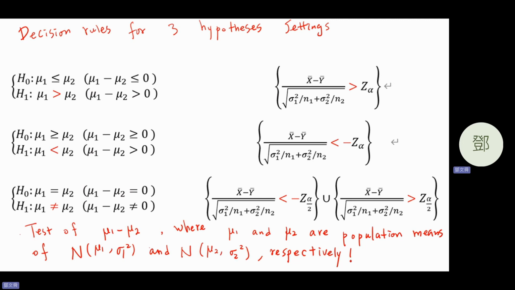Because there is a 0 value here, we just use 0 as the value of mu1 minus mu2. And so is this one, because they are all minus 0. Either you write it or you don't, it doesn't make any difference. So we just leave it.